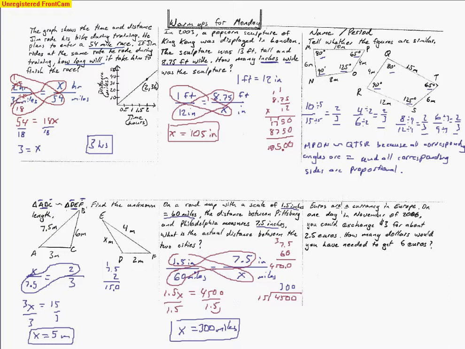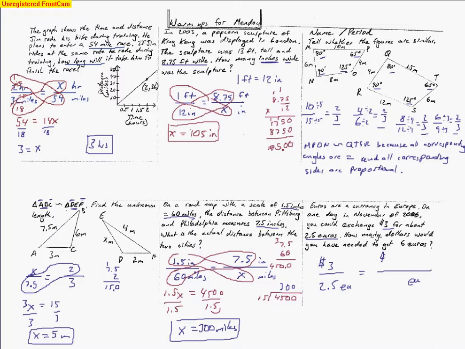Last one here, euros are a currency in Europe. On one day in November, you could exchange $3 for about 2.5 euros. So let's write that out as a ratio. $3 for 2.5 euros. And now when we set up the next one, we need to set it up the same way. Dollars per euro.